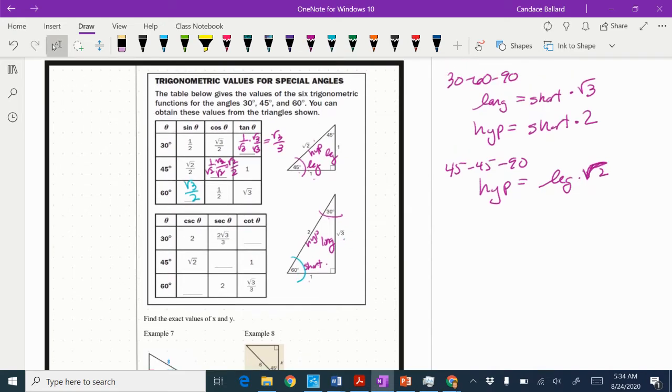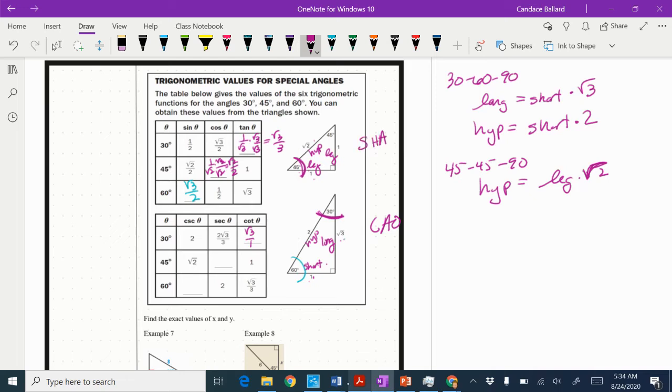And then my cotangent of 30. So we're going back to 30. Cotangent is cow. So it's the adjacent, the square root of 3 over the opposite, which is 1. Or I could just write square root of 3. My secant, I'm going back to the 45. Secant is sha.